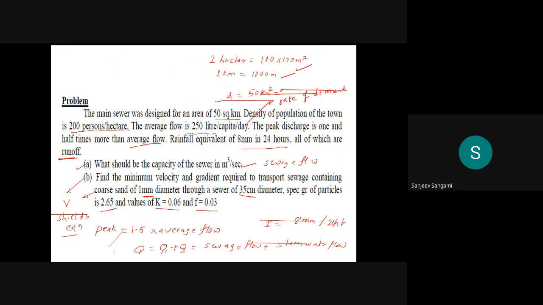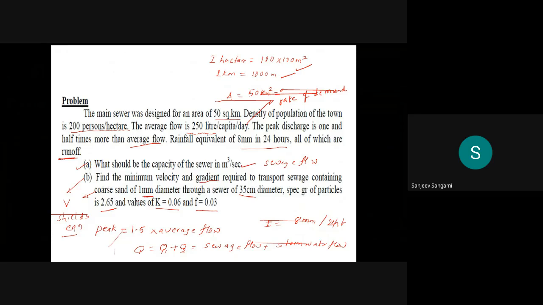Then they asked us to calculate the capacity of the sewer in meter cube per second, that is the sewage flow, and to find the minimum velocity and gradient required, that is the slope. You have to find the velocity as well as the slope. This slope is the bed slope, not the side slope.